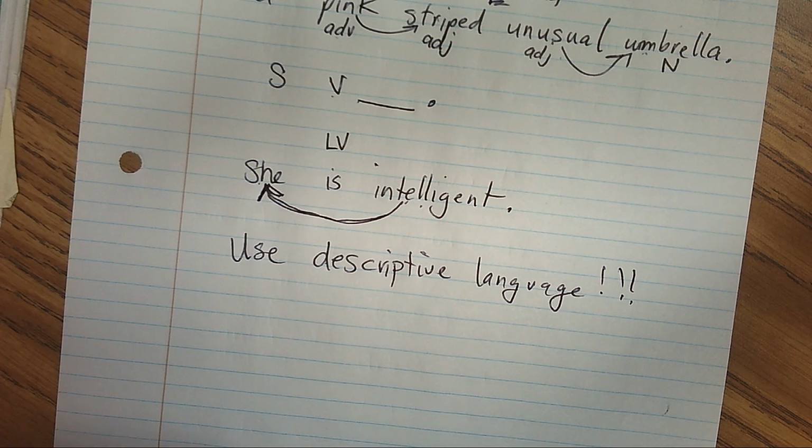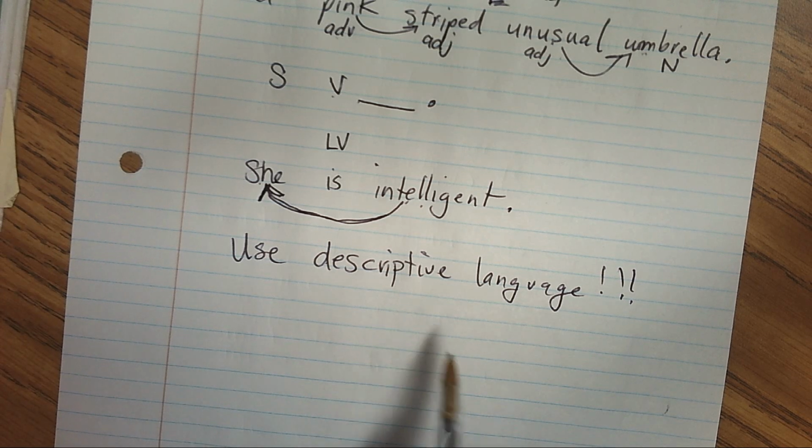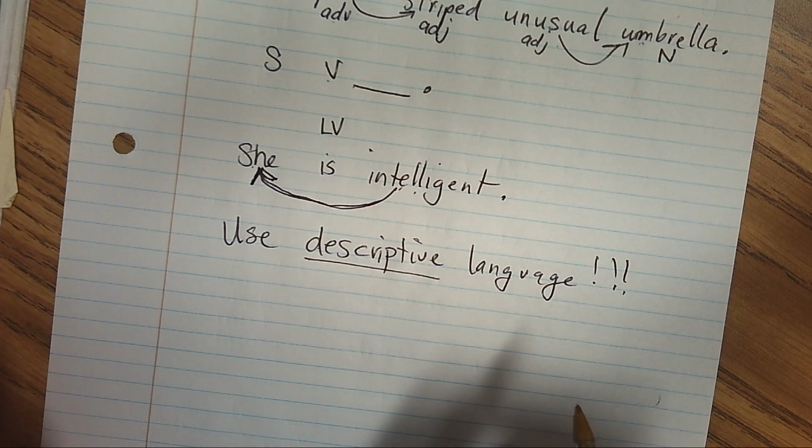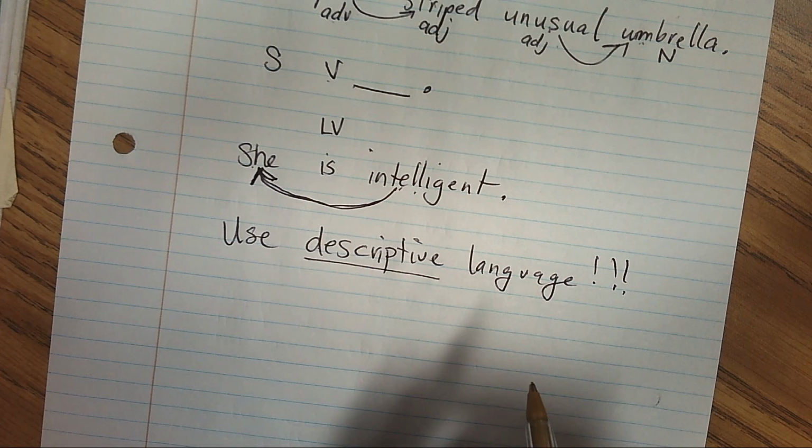Even if you're a cop and you're writing a report, you need to describe the events as closely as possible to what actually happened. You don't want to write a beautifully written novel for most of these types of careers that just write reports, but you do need to describe things clearly. So you got to find that balance on what works in your occupation. How descriptive do you need to be?